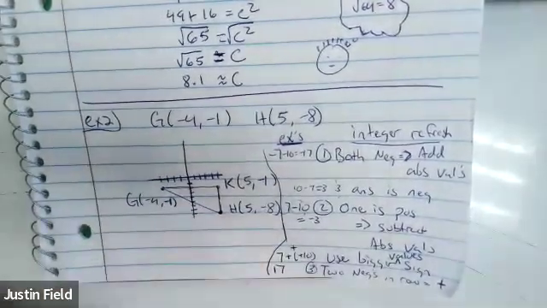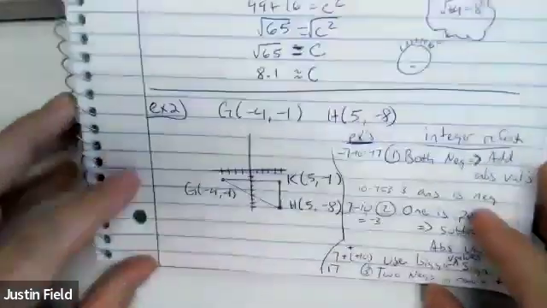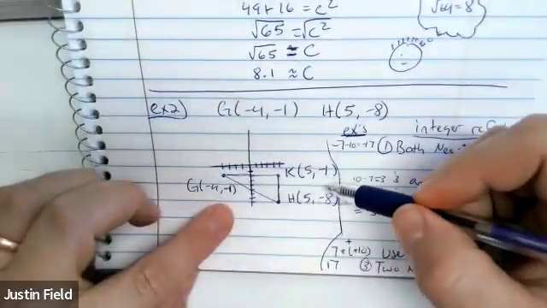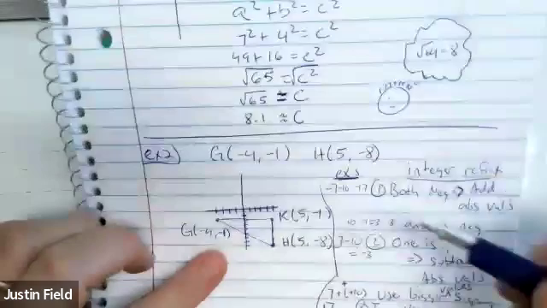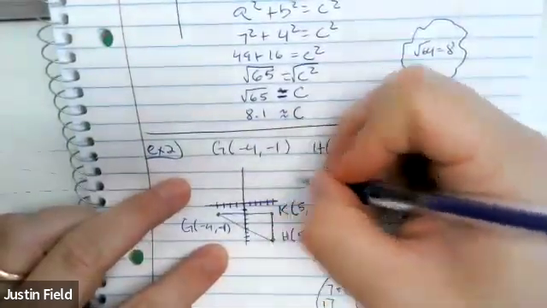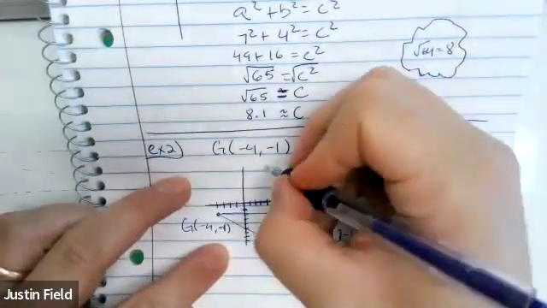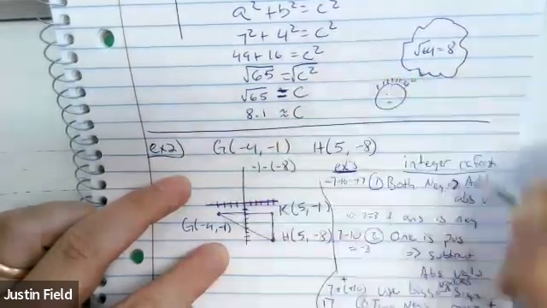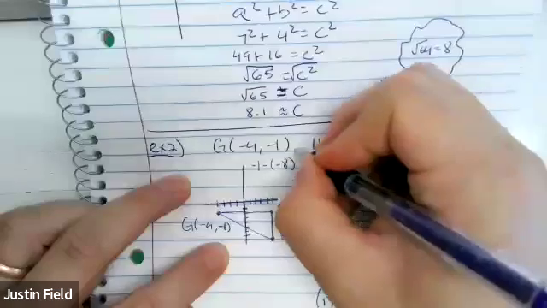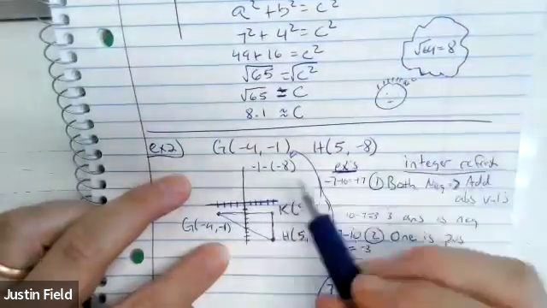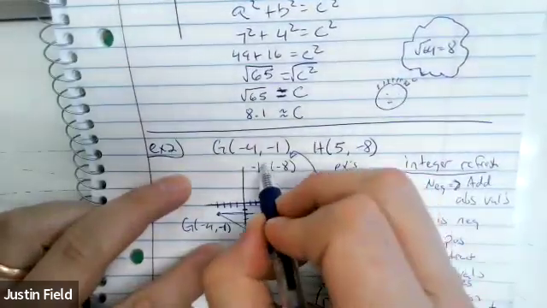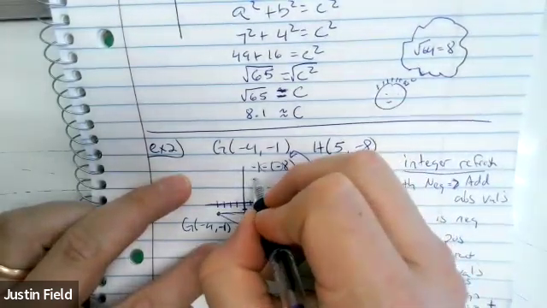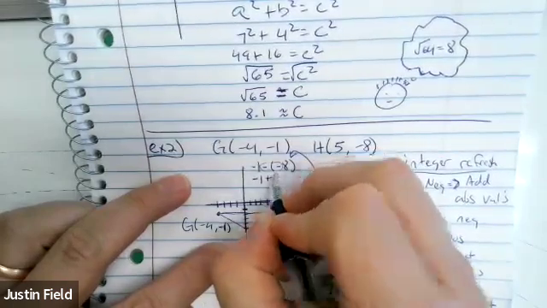So don't worry, we're going to be doing a lot of that. In fact, we're going to do some right now. Here I have to subtract my y values. So I have negative 1 minus negative 8. What do we do with that? First of all, we have two negatives in a row, which make a plus sign, so I'm just going to write negative 1 plus 8.